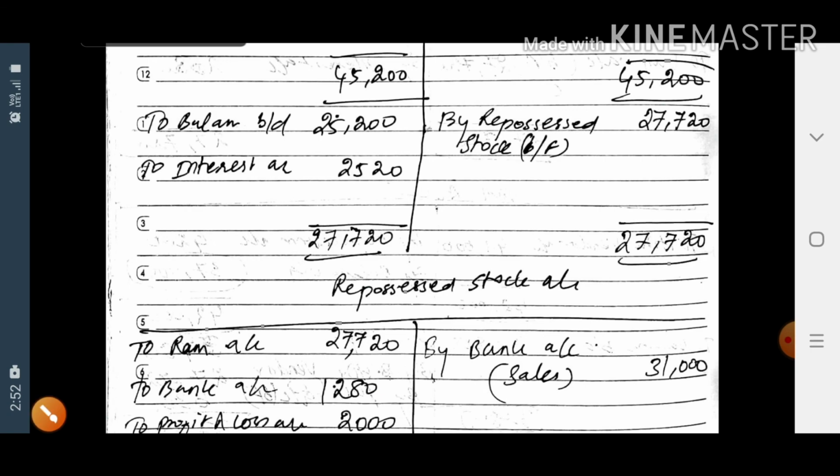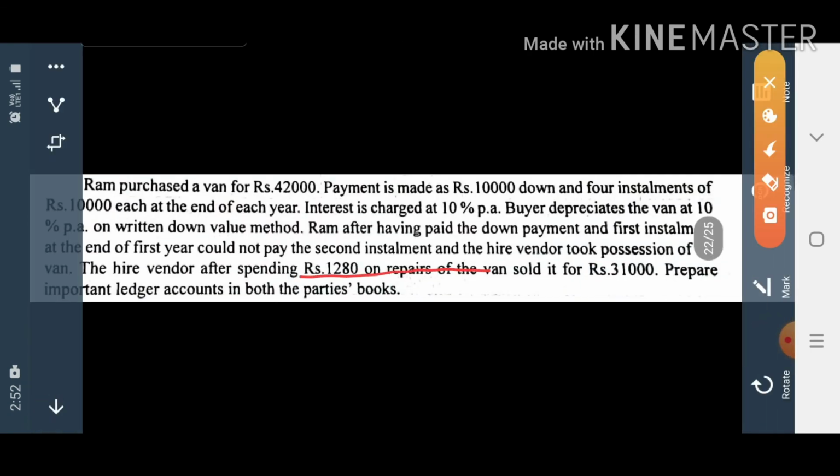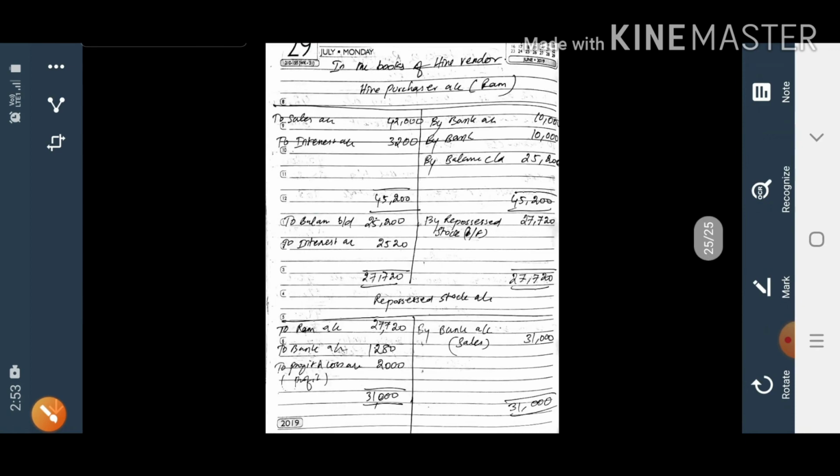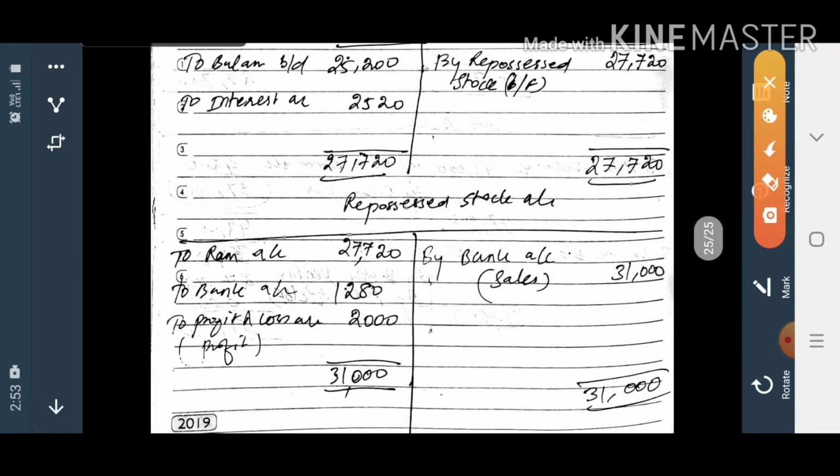That is given in the question, that they are spending 1,280, and we are selling the van to some other person for 31,000. So we are spending on the asset 1,280, repossessed stock account to bank account, and we are selling it for 31,000. So balancing it, we get a profit of 2,000 rupees.